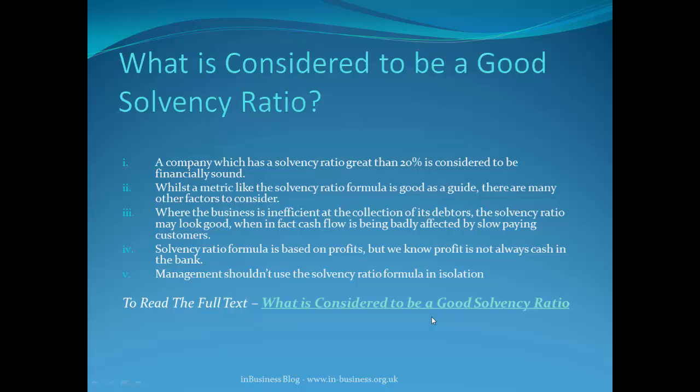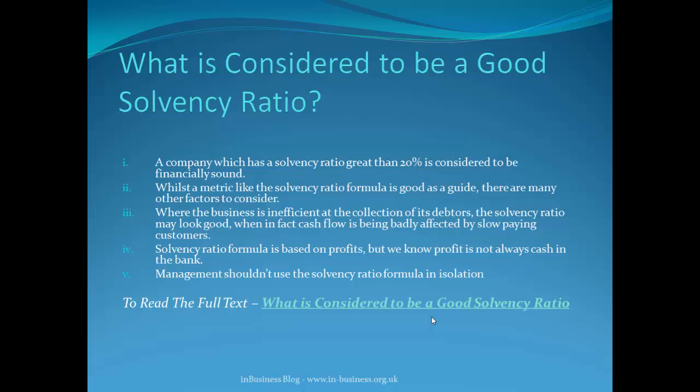So what is considered to be a good solvency ratio? Well, as already mentioned, a company with a ratio of more than 20% is considered to be financially sound. But whilst this metric is a good guide to solvency, there are many other factors to be considered.